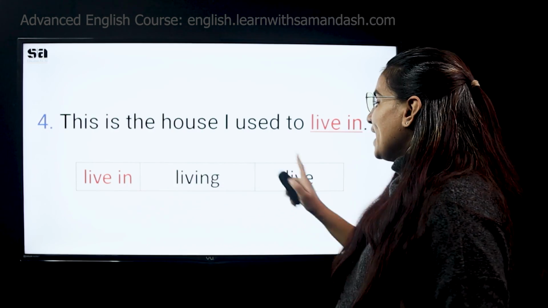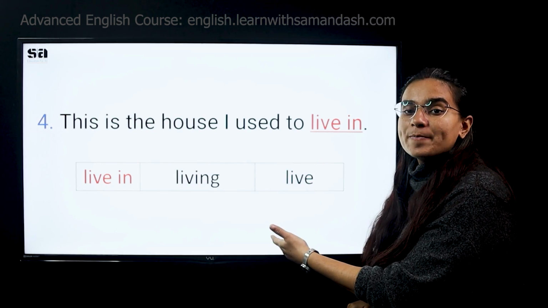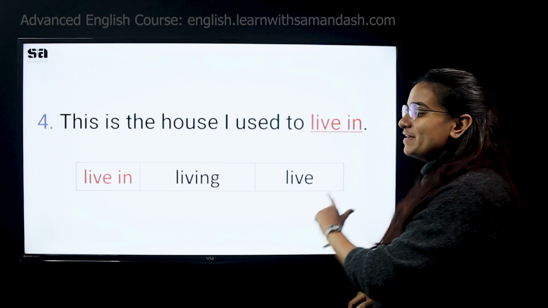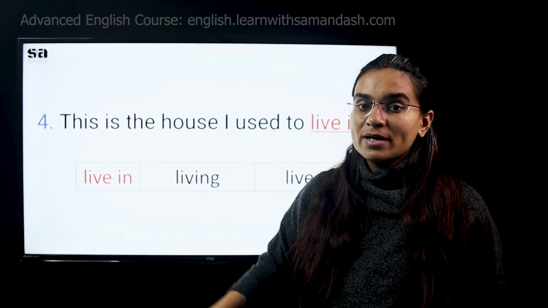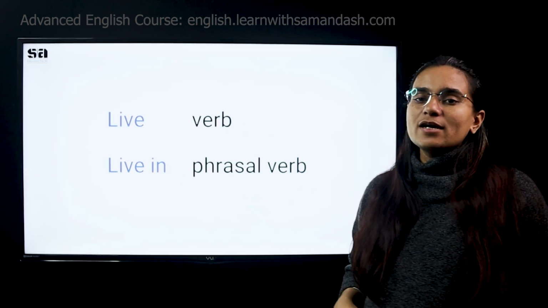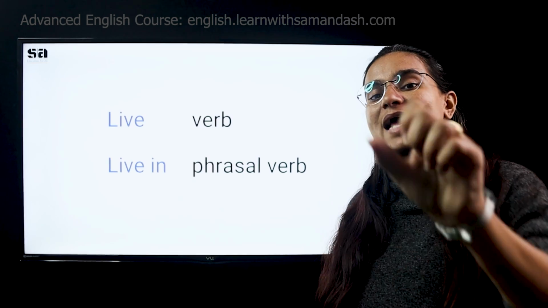Now, live in and live are 2 different concepts. Live is a verb. I used to live. Now here, we don't need the verb. We need a phrasal verb. Live in is a phrasal verb. I'm going to explain what phrasal verb means, but before that, let's take a look at the simple understanding that when you have live, it is an action.